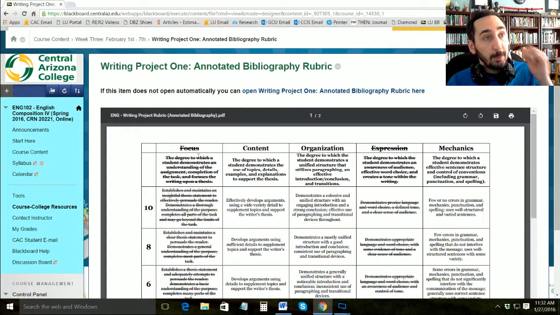So, you notice this one has some blanked out items, namely expression and focus. Focus is what I'm using to grade your thesis, and with the annotated bibliography you don't actually have a thesis, so I've taken that part out. Also is expression, to where you've given voice and sentence structure to your essay, which is still applicable to the annotated bibliography because you're summarizing, but you don't get a whole lot of opportunity to input a voice.